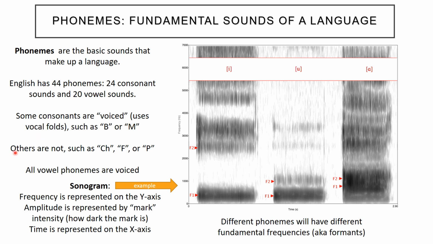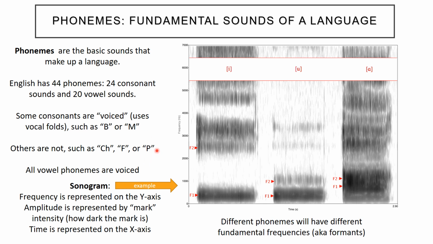There are consonants that do not use the vocal folds. So these are non-voiced consonants, and these are such as ch, f, or p. So I'm not vibrating my vocal folds when I make those consonants.